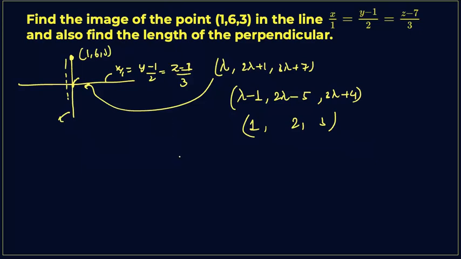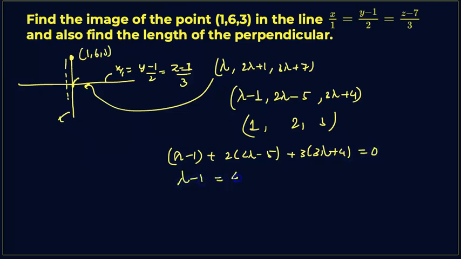So you will write it as (lambda - 1) + 2(2 lambda - 5) + 3(3 lambda + 4) = 0. So here you will write lambda - 1 + 4 lambda - 10 + 9 lambda + 12 = 0.